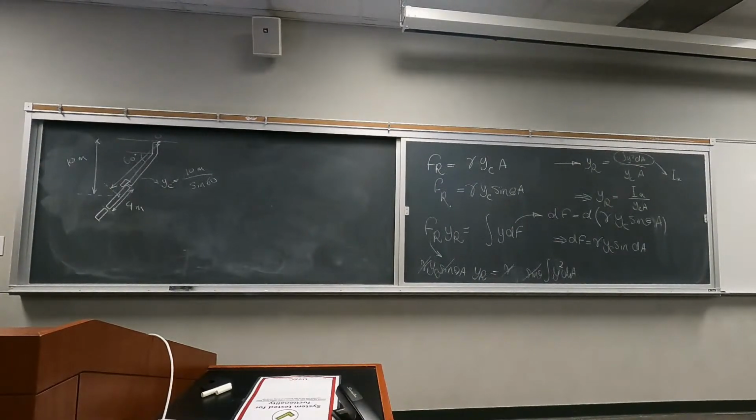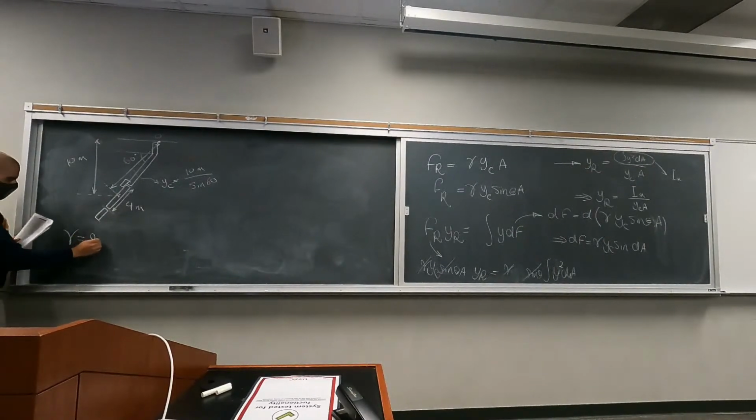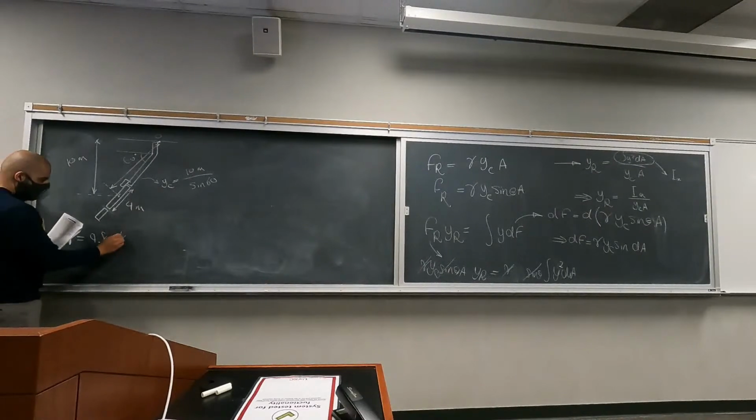Okay. So the text of the problem is telling us the 4-meter diameter circular gate that you can see here, this gate, is located in the inclined wall of a large reservoir containing water. We are given the gamma of water, which is 9.8 kilonewtons per cubic meter.